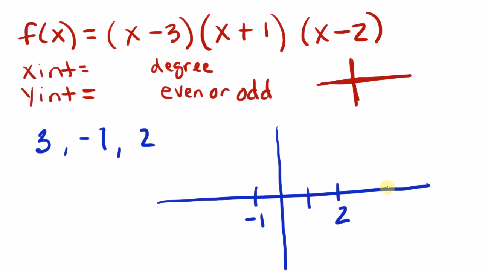When this is 0, we get -3. We're doing the y-intercept now. When this is 0, this becomes 1. When this is 0, this is -2. So I have -3 times 1 is -3. Negative times negative is positive. 3 times 2 is 6. So we have a positive 6 for a y-intercept.